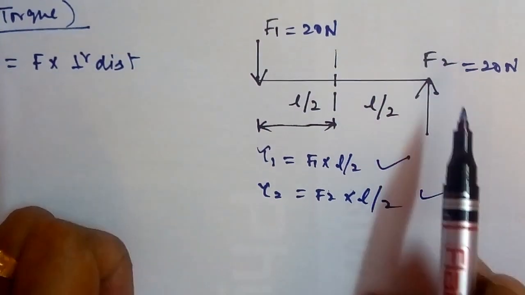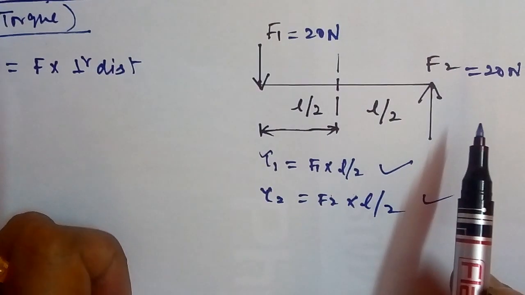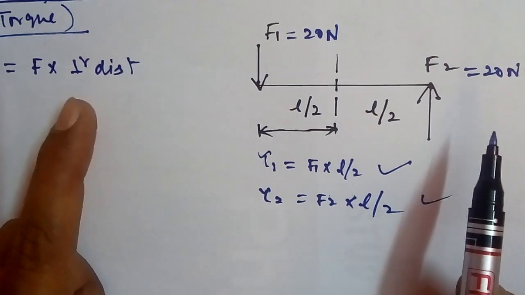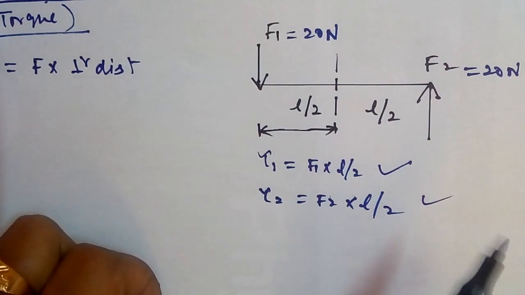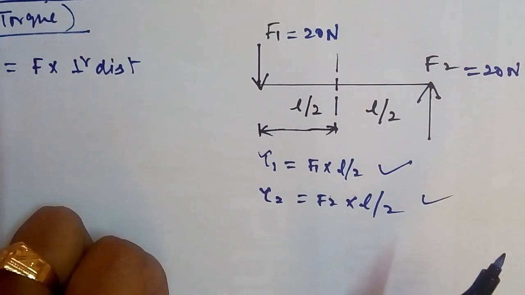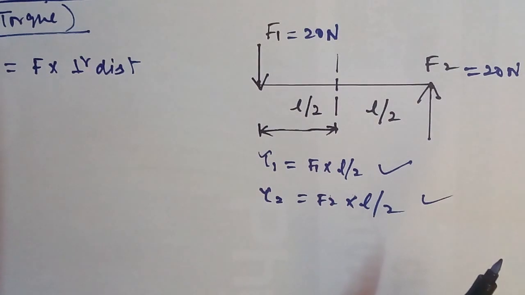Now in order to turn this particular system, we need to apply torque. Two torques whose lines of action are different and whose magnitudes are also different, that particular system will be known as a couple.